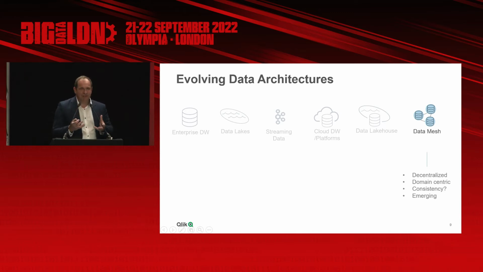It is an emerging concept. I won't go into great detail. One of the challenges here, apart from not many implementations at the moment, is keeping that consistency across those domains, particularly if you want to access data across all of them. But certainly one to watch, and that is a big hot topic at the moment.